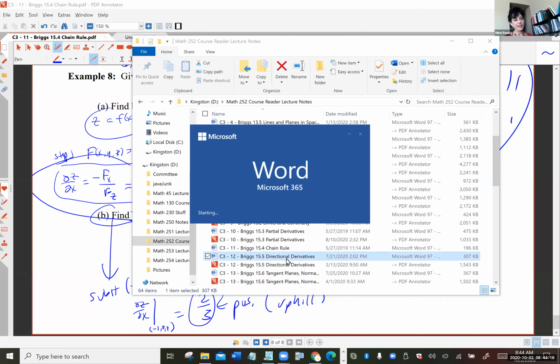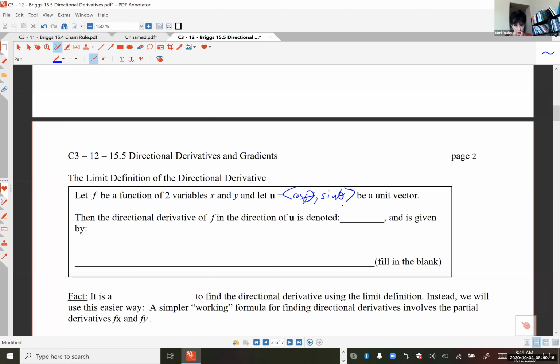So I'm just going to write it all out so you have it, but it basically says, let u be a direction vector that's pointing you in the direction that you want to find your slope, which could be still in the x and y positive direction, but you probably want something different than that. If you have that in hand, then you can find your directional derivative in the direction of that unit vector.